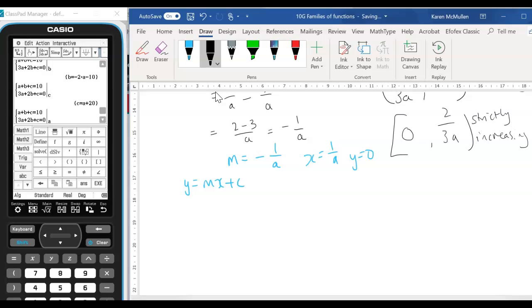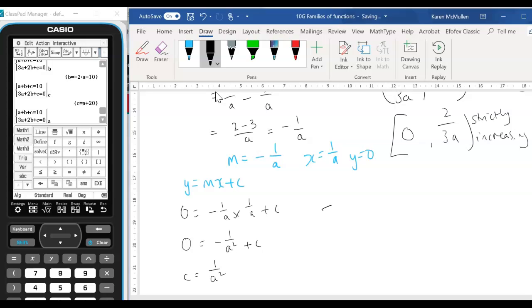So we just substitute them all into y equals mx plus c to get the value of c. So we're going to have negative 1 on a times 1 on a plus c. All right, so we're going to have 1 times 1 and a times a. So we're going to have negative 1 on a squared plus c. So c is equal to 1 on a squared.